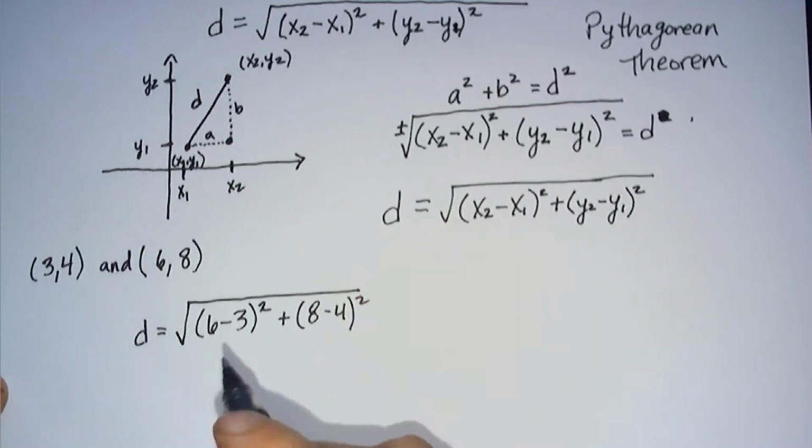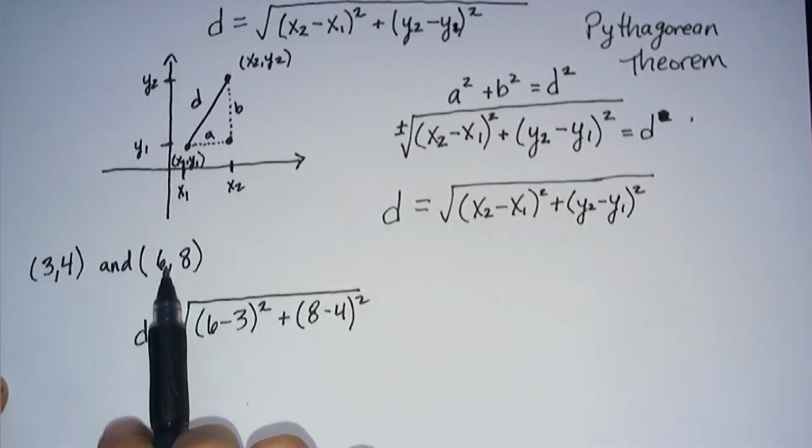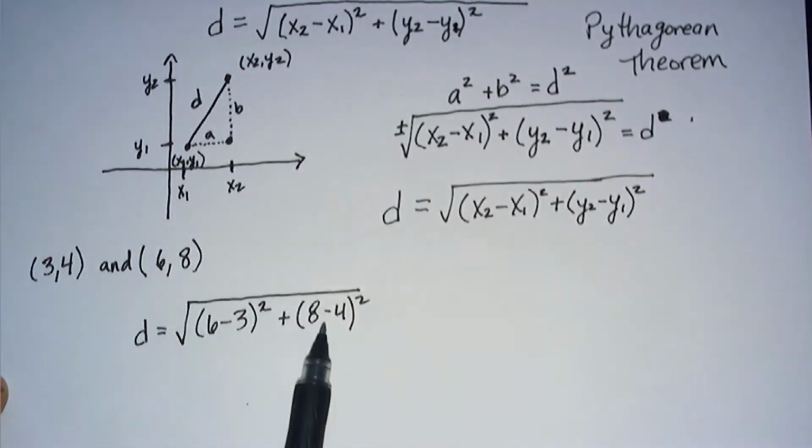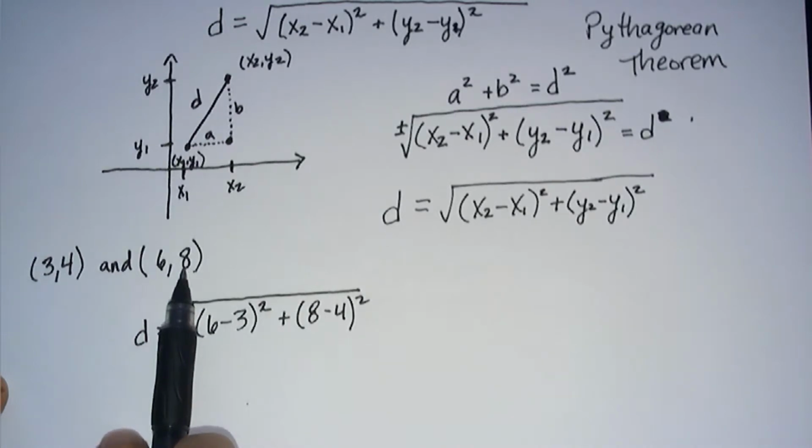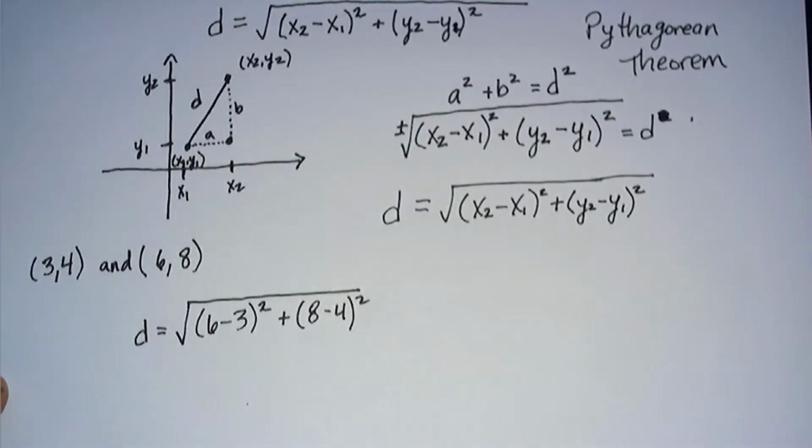So in other words, if you start here, when you subtract the y's, you better start here. That's important, because if you do that backwards, then you're going to have some funky signs going on here.